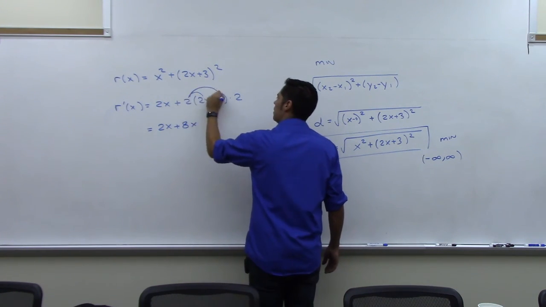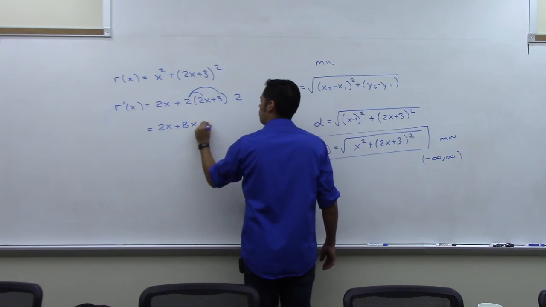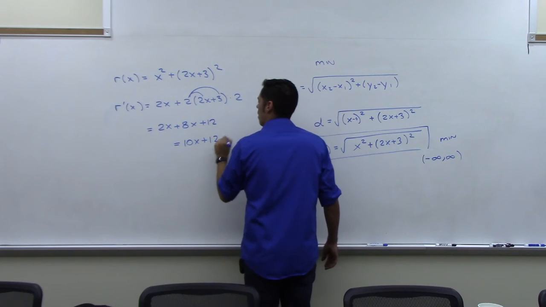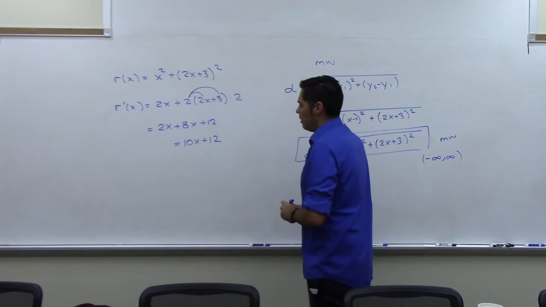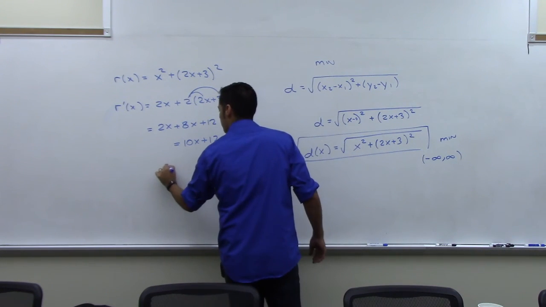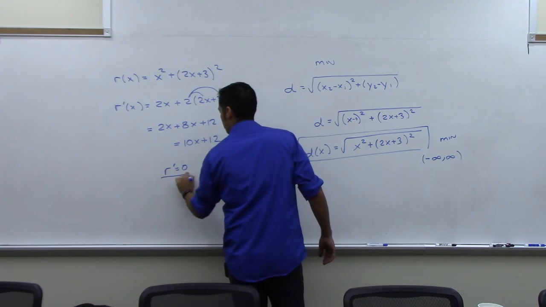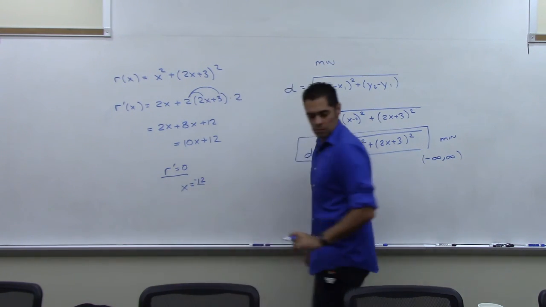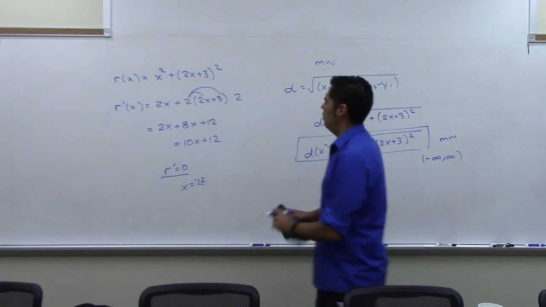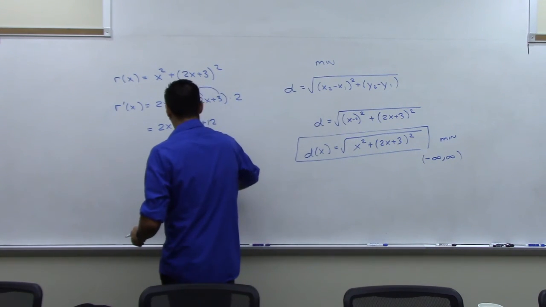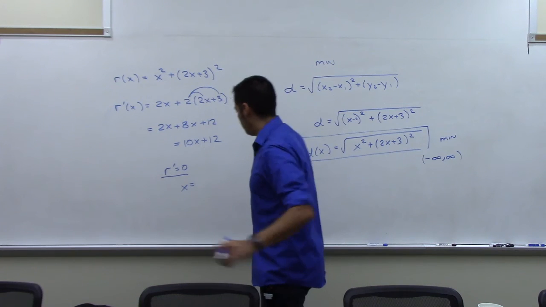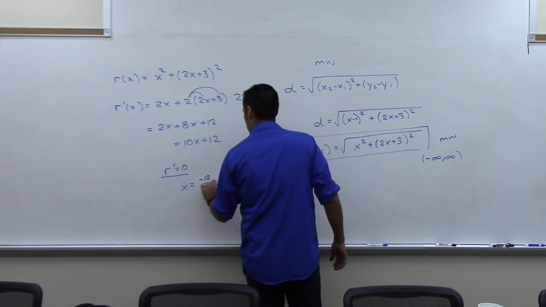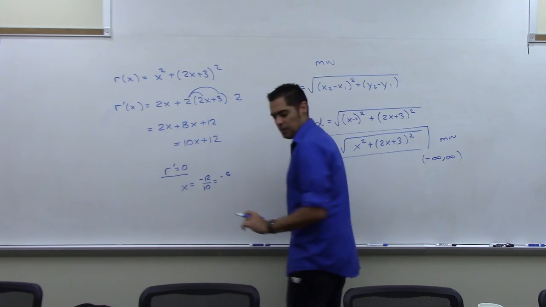And then here to here, that's 6, but then times 2 is 12. So we just get 10x plus 12. That's my derivative. If I set that equal to 0, I get x is equal to negative 12 over 10, which is negative 6/5.